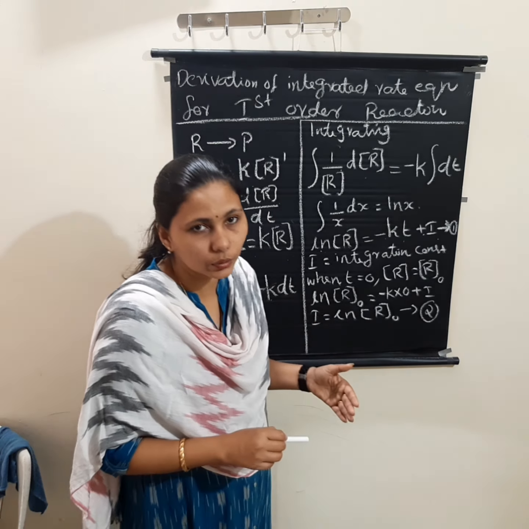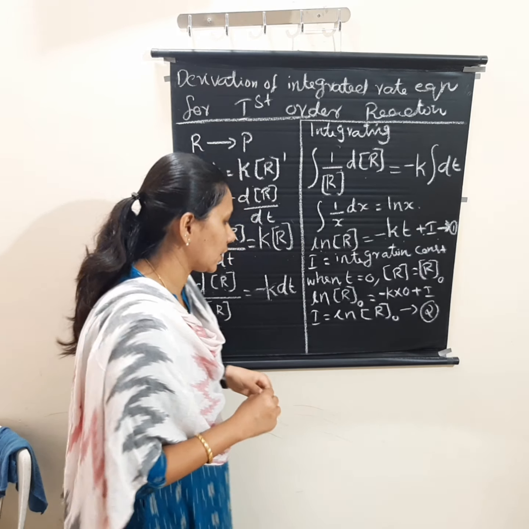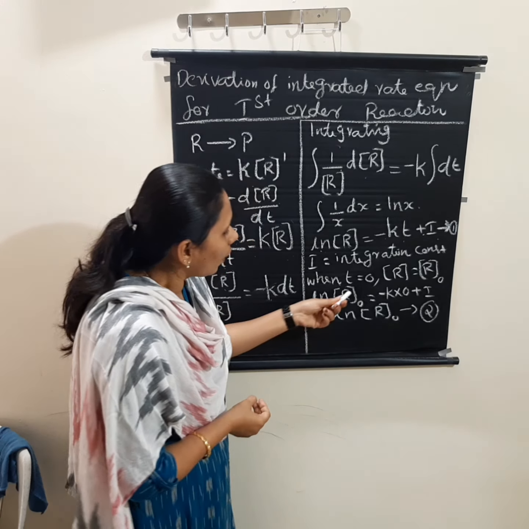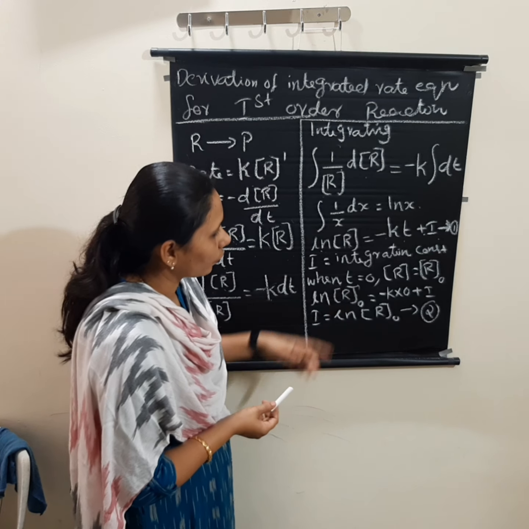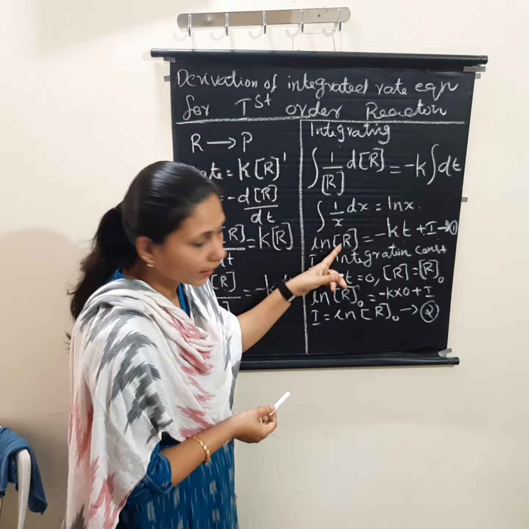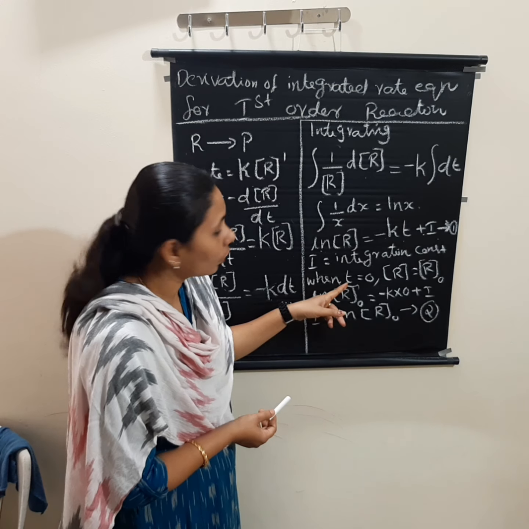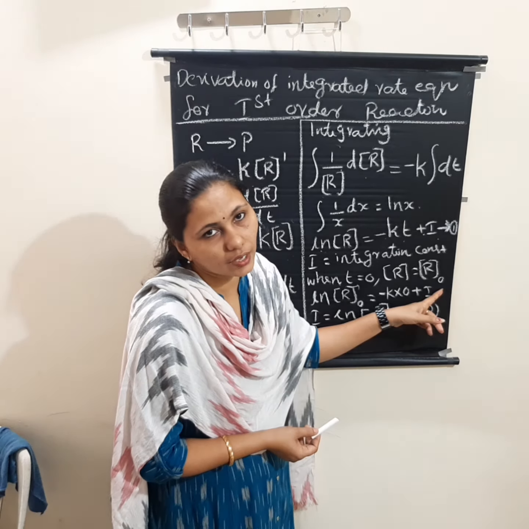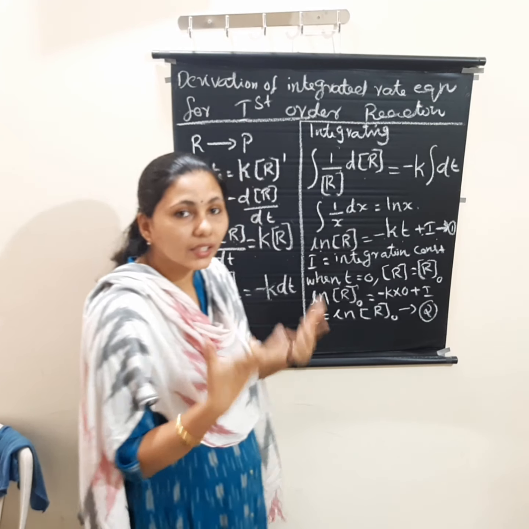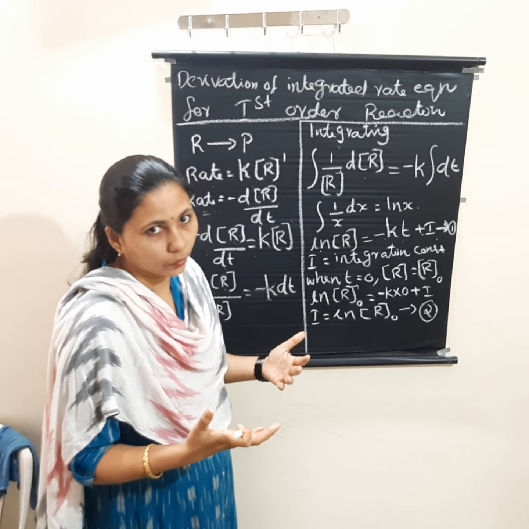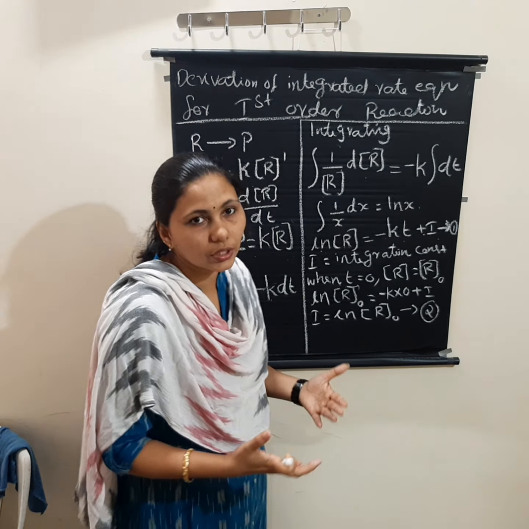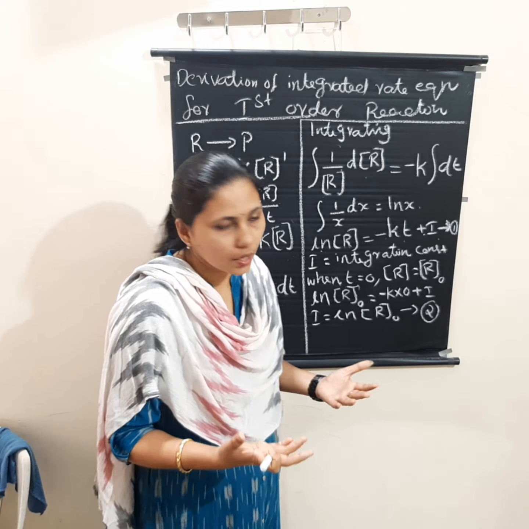Next, what we have to do? We have to find out the integration constant. When t equal to 0, in equation 1, the concentration of R equals which one? [R]0. We are considering t equal to 0 in the beginning, when the reaction has not started. So when t equal to 0, [R] will be [R]0.